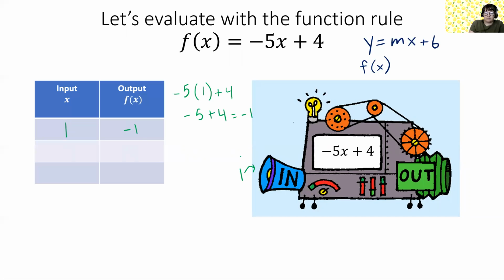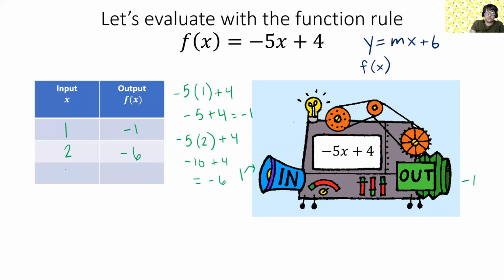Let's try another value. So we put 1 into our machine, and our output was -1. Let's try another value. How about 2? Let's input 2 into our machine. -5 times 2 plus 4. -5 times 2 is -10 plus 4 is going to be equal to -6.